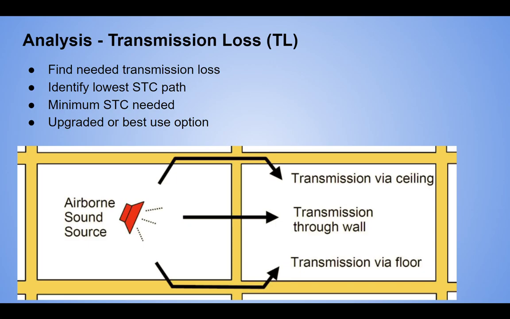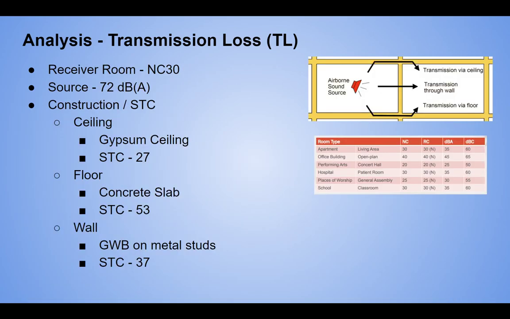So we need to find the needed transmission loss based on our level and what our goal target is. Find the lowest STC path, then the minimum STC needed for that path, and then the upgraded or best option to achieve that.